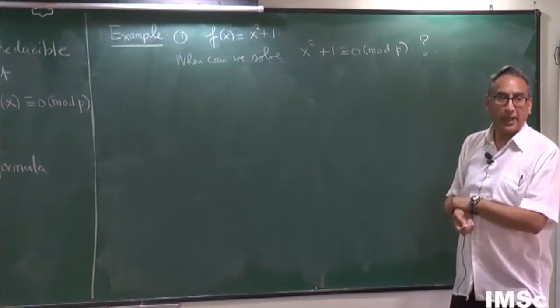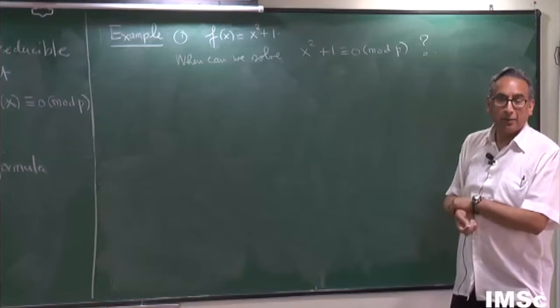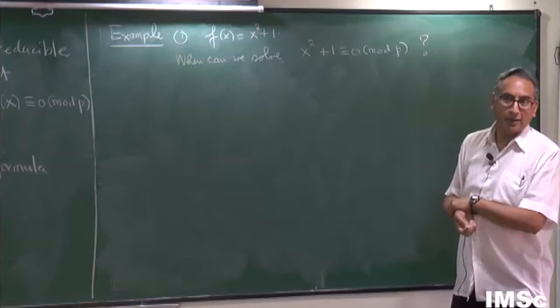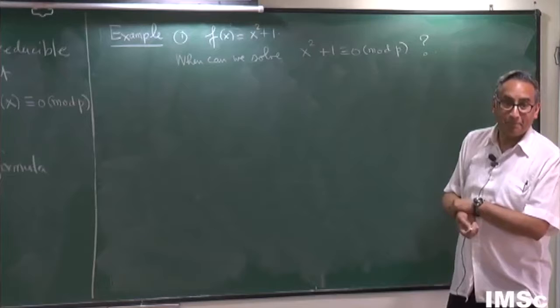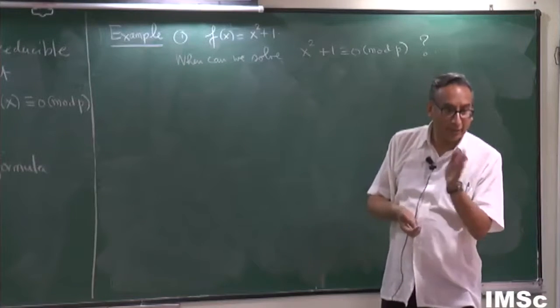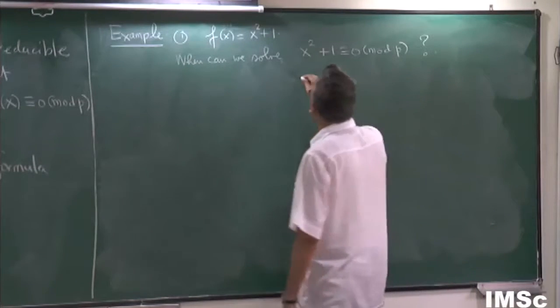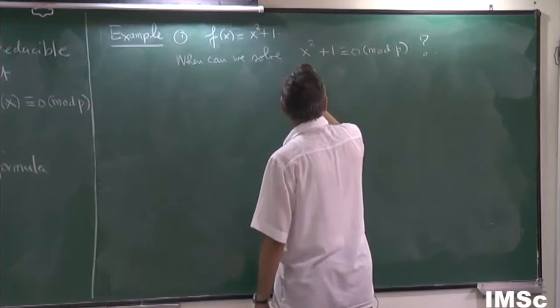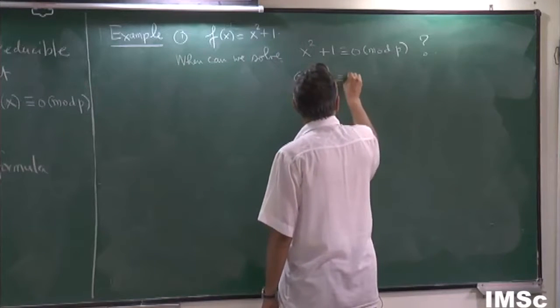Some of you may know the answer already. Those of you who know the answer, what is it? If and only if p is congruent to 1 mod 4. Yes, as she says, the answer is if and only if p is congruent to 1 mod 4.